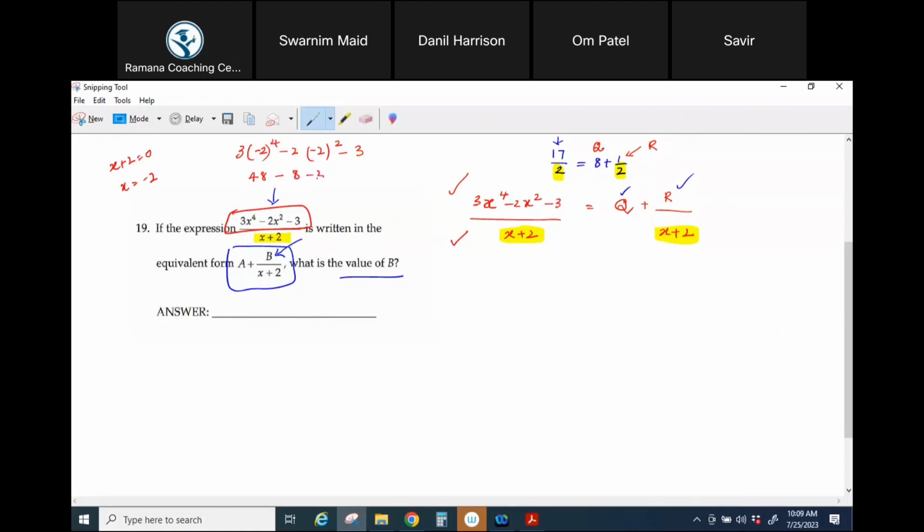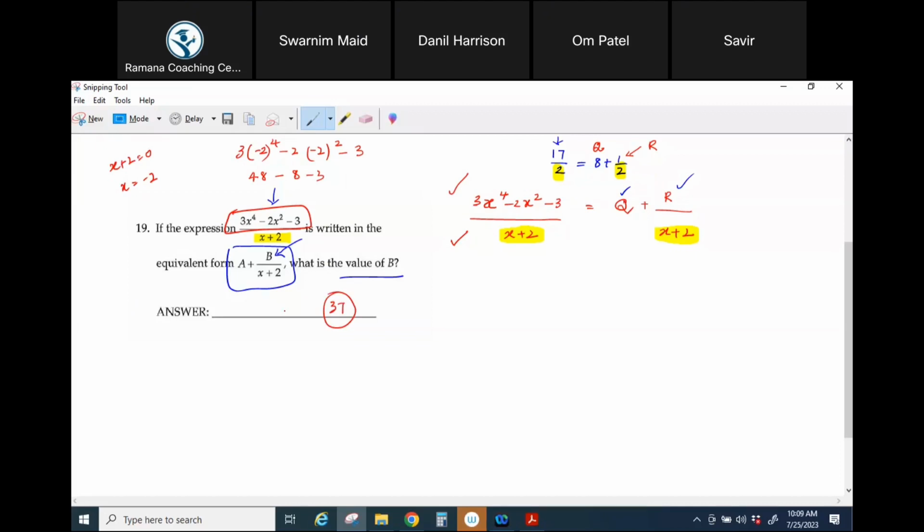And then minus 3. What is 48 minus 8? 40 minus 3? 37 is your answer. That is the easiest way, a shortcut. Please memorize that. Remember, solve for x and then simply plug it into the numerator, and you will get the remainder.